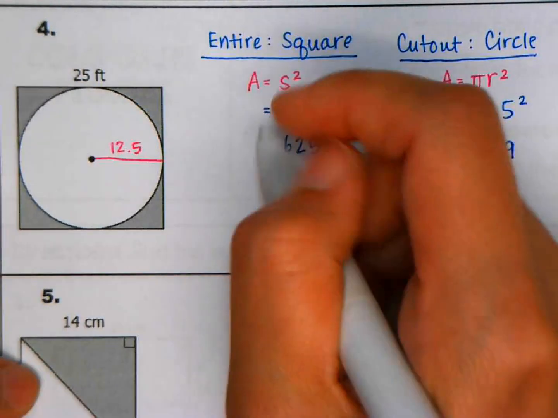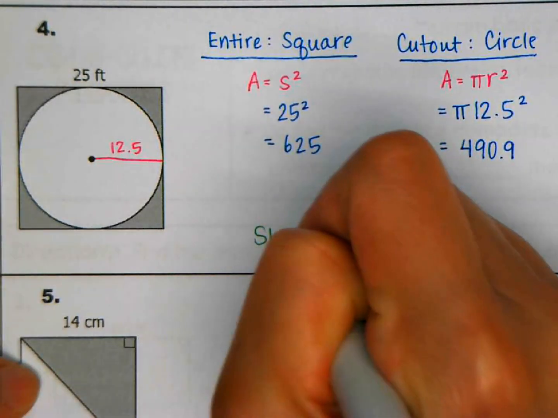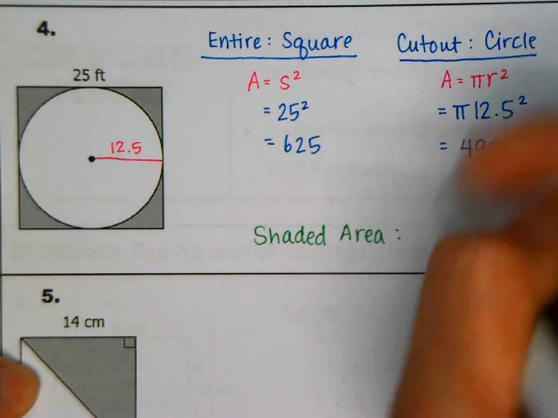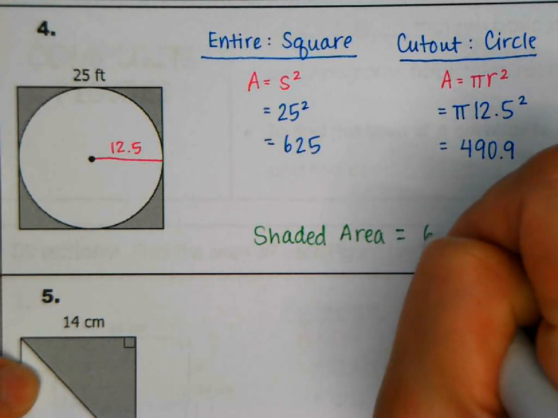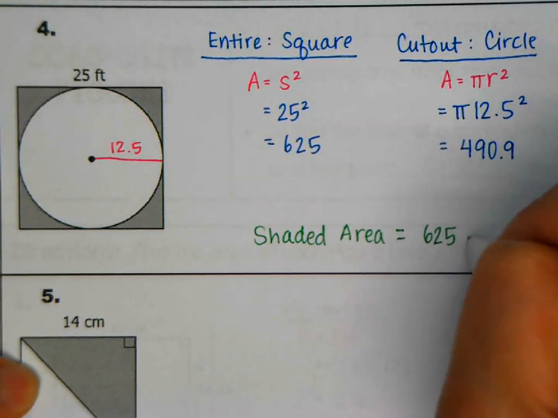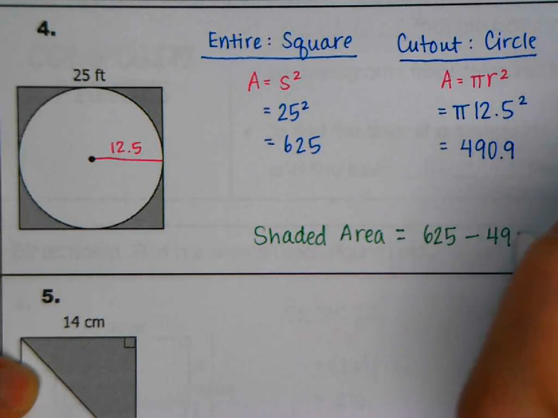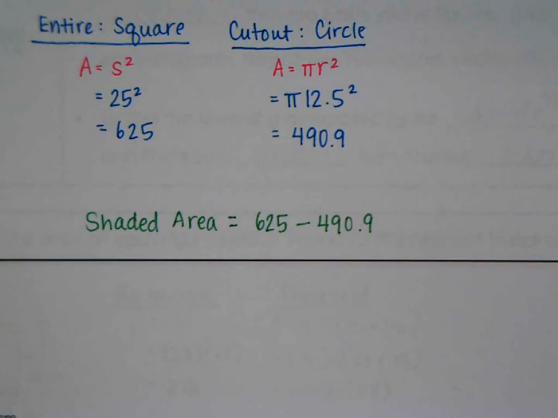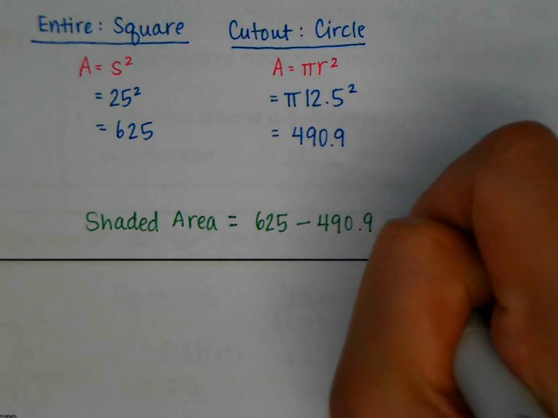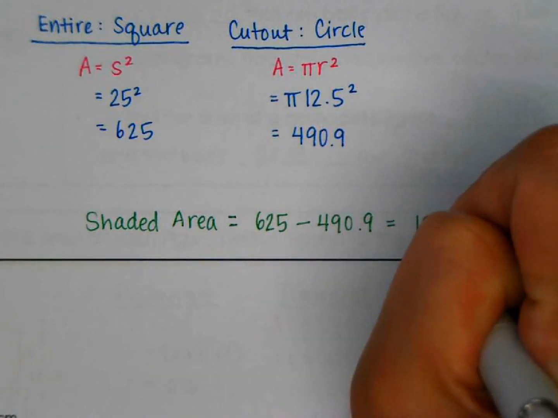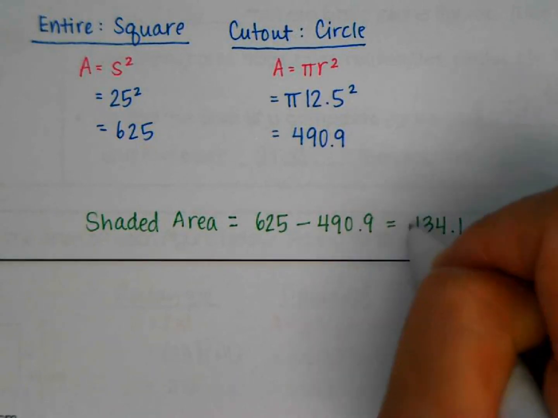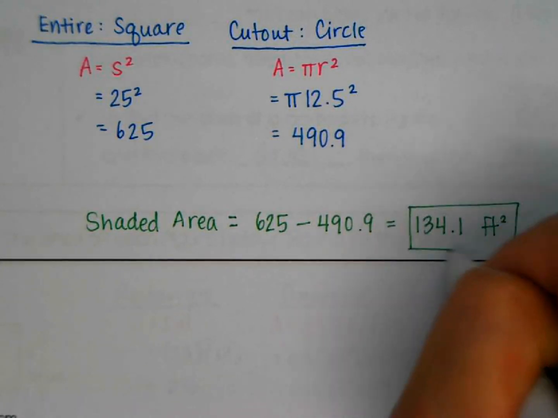So let's call this shaded area equals the entire thing minus the cut out portion, 625 minus 490.9, and that will result in 134.1. And because it's still area, feet squared.